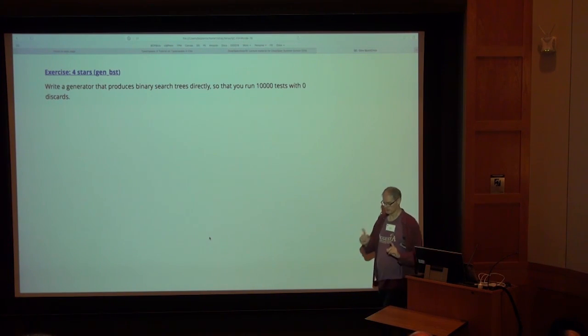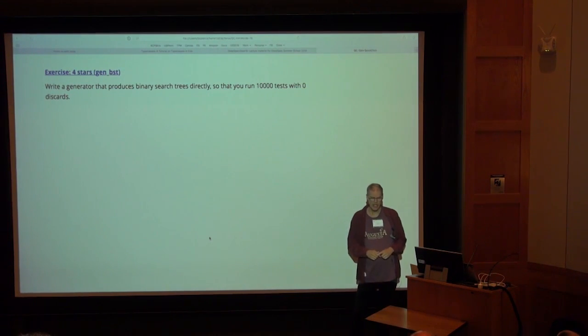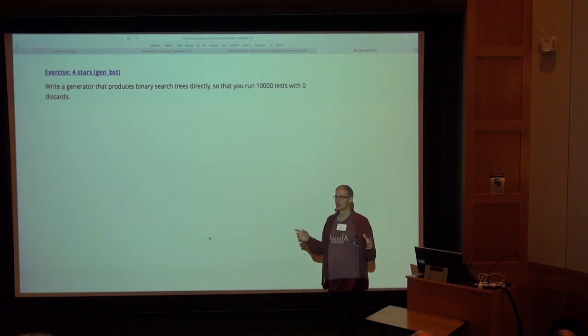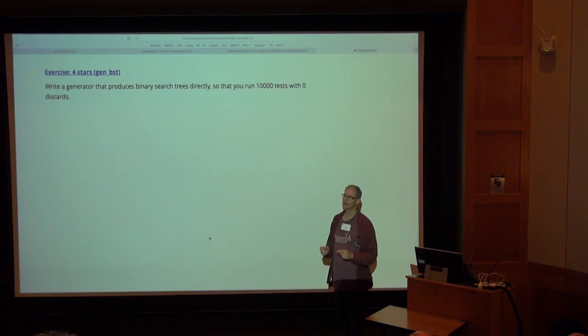That leads to another question. Why would you want to generate huge examples? It's really interesting. Huge examples tend to be, in many domains, much more effective at finding bugs. The way to think about it is this.